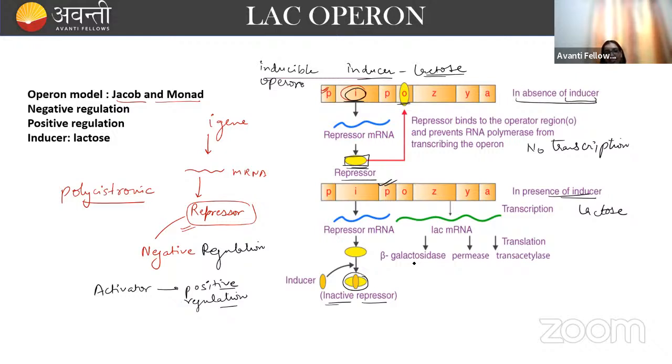That means the RNA polymerase can easily bind to the promoter, which leads to the transcription of the structural genes Z, Y, and A. So in this case, we will observe the transcription of the structural genes.